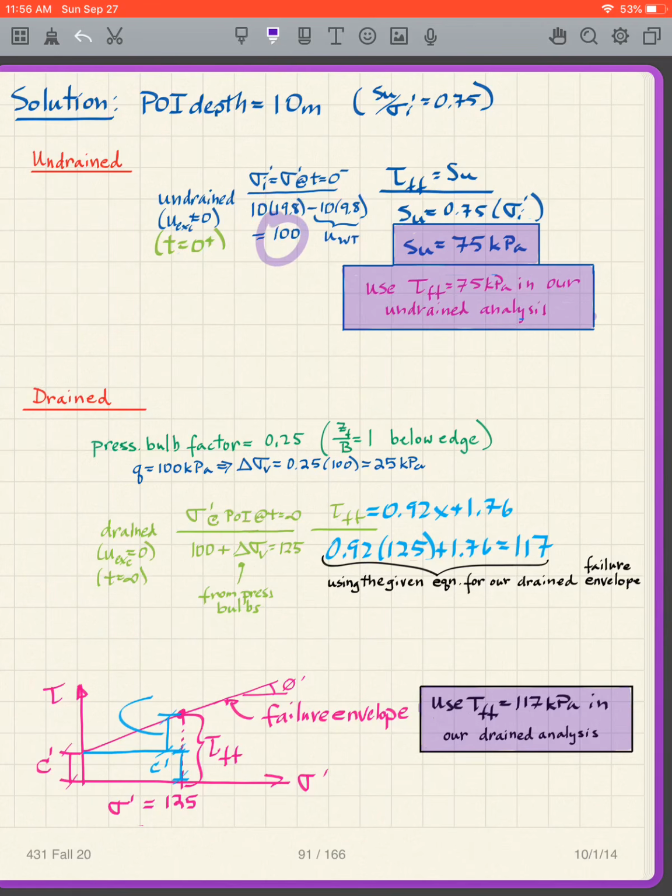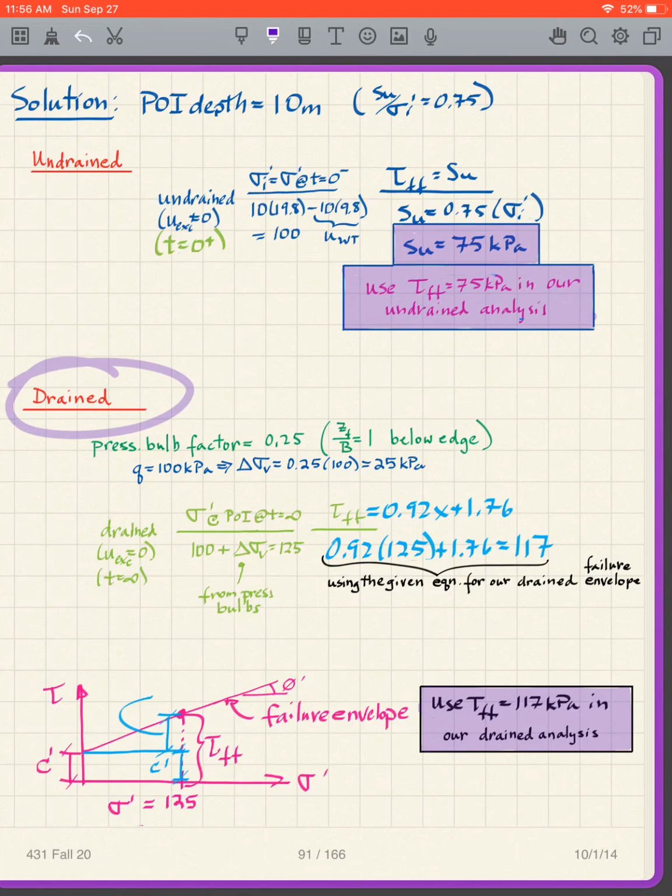Then we simply take the given ratio of 0.75 times the 100, and we get that Su is equal to 75 kilopascals. We use that in our analysis at t equals 0 plus, where we have our building, and we use that tau ff in our undrained analysis, taking moments about the point that I indicated.